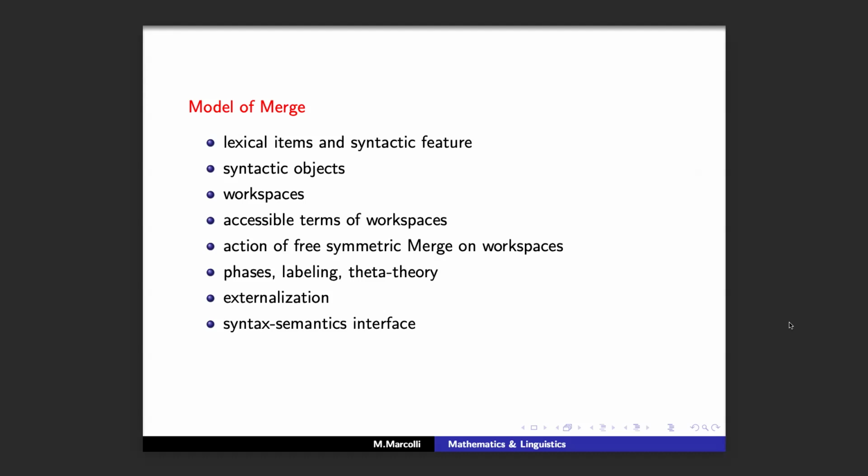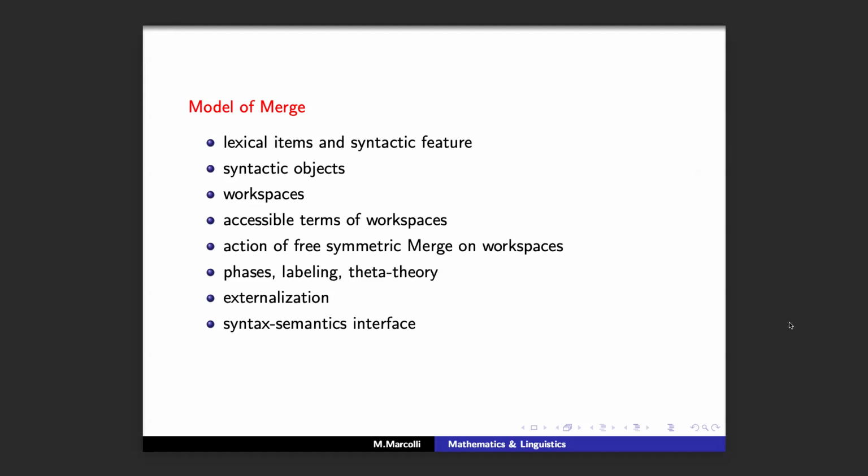And so accessible terms are the substructures of a structure that's already formed that are accessible for further calculation if you are modifying an already existing structure. And so this operation of merge, one can think of it as a kind of dynamical system on this set of workspaces that keeps updating workspaces and transforming and building structures. So this is the basic structure building operation.